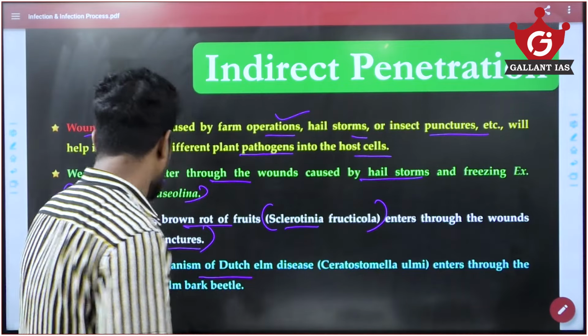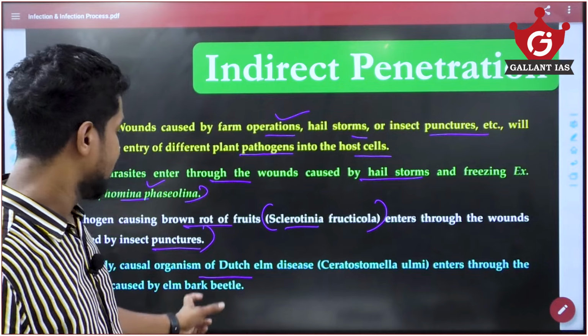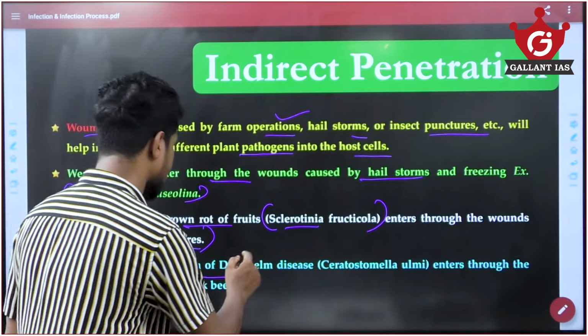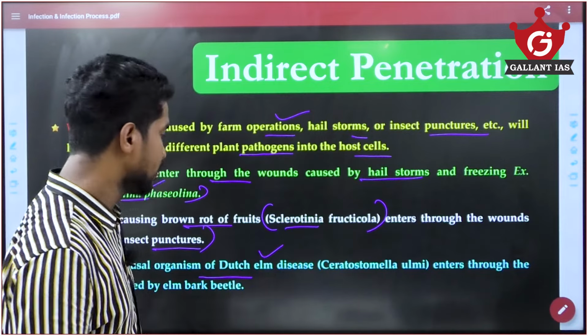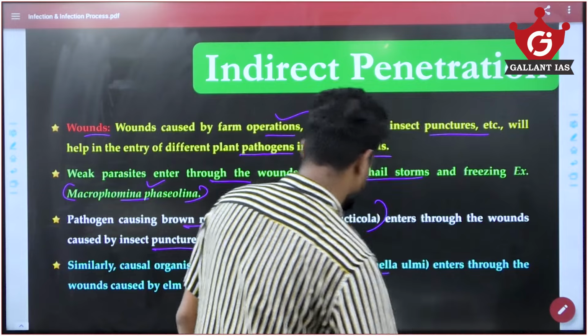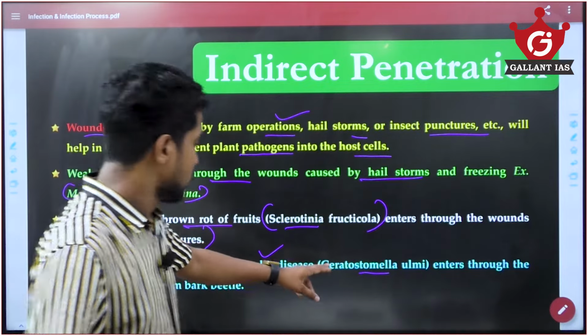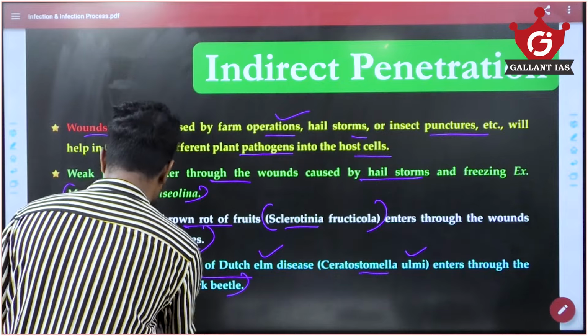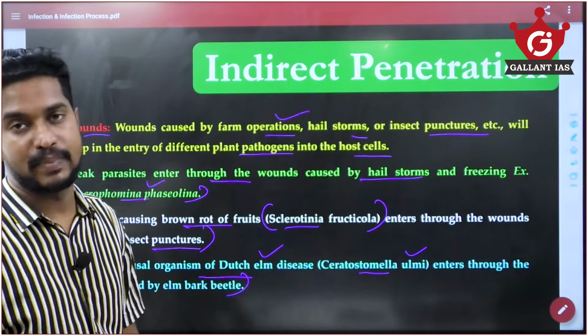Similarly, the causal organism of Dutch elm disease, Ceratostomella ulmi, enters through the wounds caused by bark beetle.